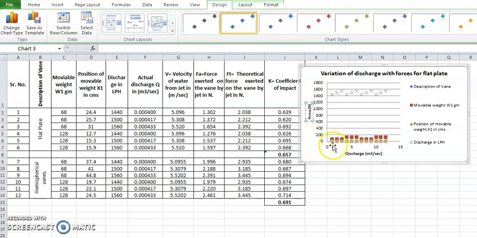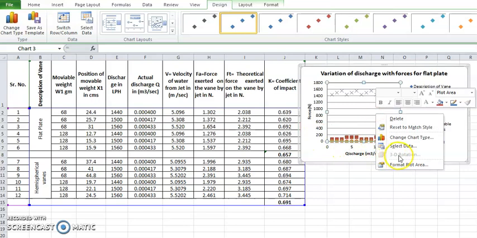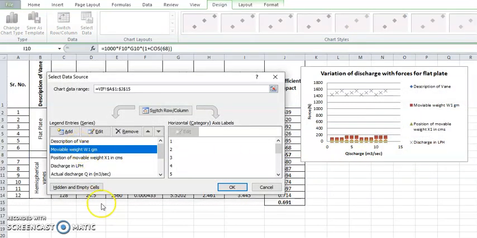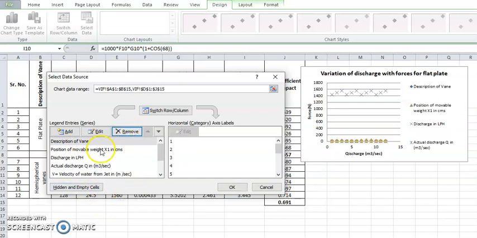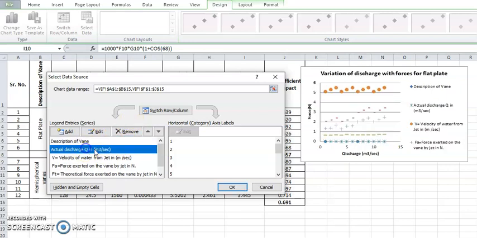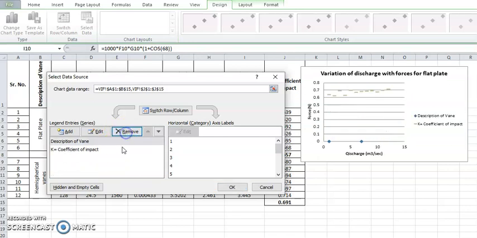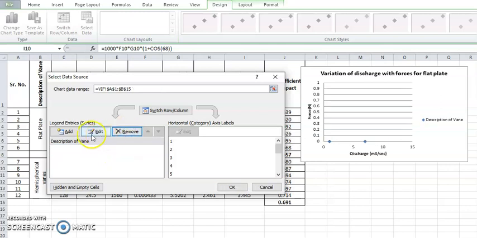Once the labeling is done, you can select the data. Since a lot of series is selected, you can remove it from here.